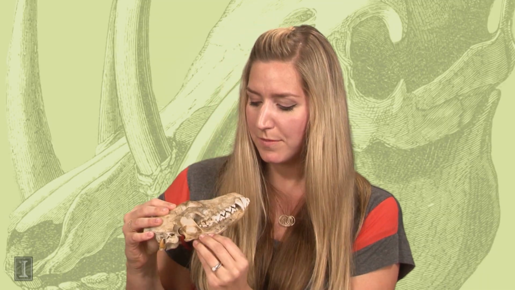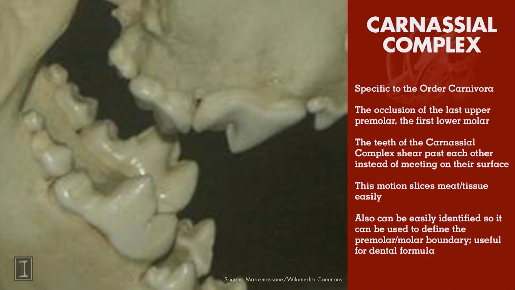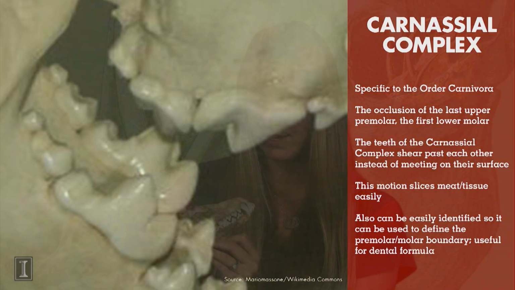All right, we're going to continue on here discussing our differentiated teeth. And we're going to think about a very highly specialized development here called the carnassial complex. And the carnassial complex is specific to the order Carnivora, aptly named, I'm sure. Those are a group of carnivores, obviously. And the carnassial complex describes the occlusion of the last upper premolar and the first lower molar of these animals.